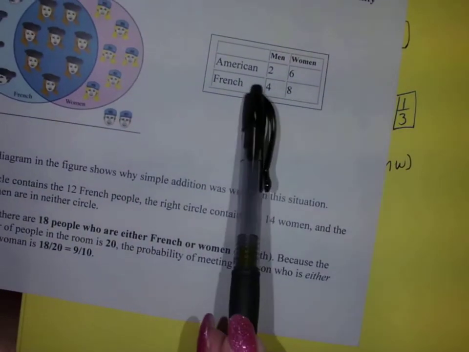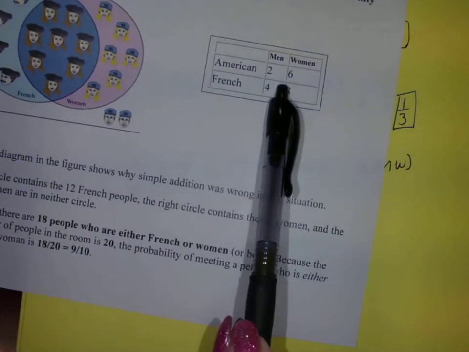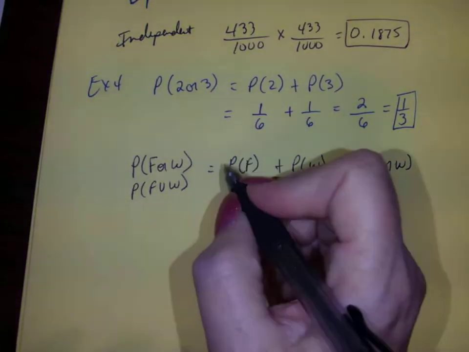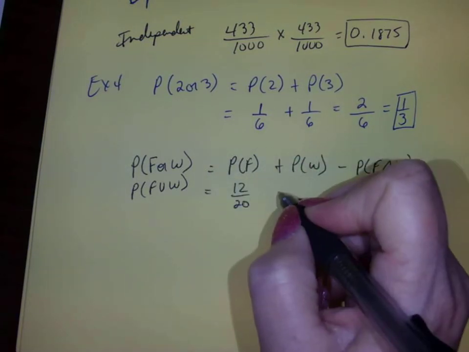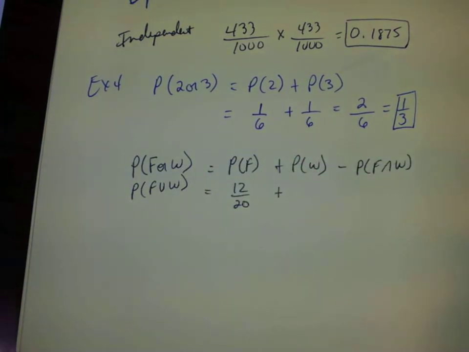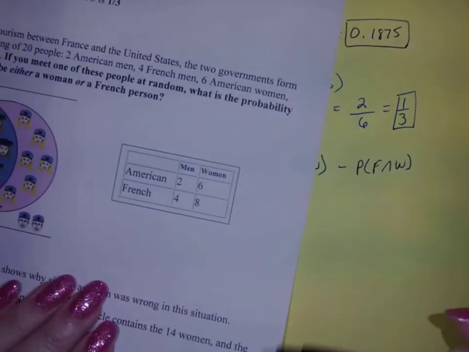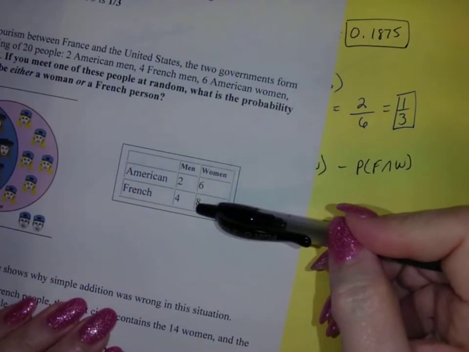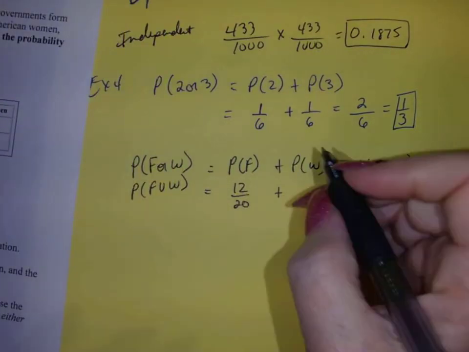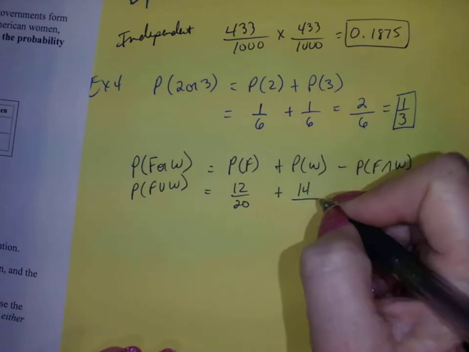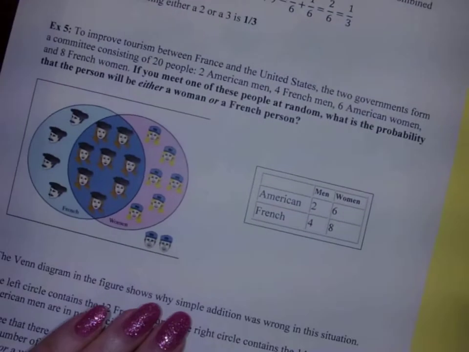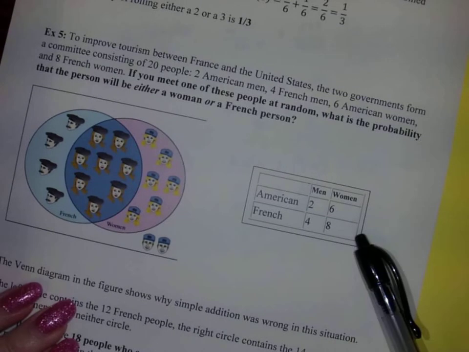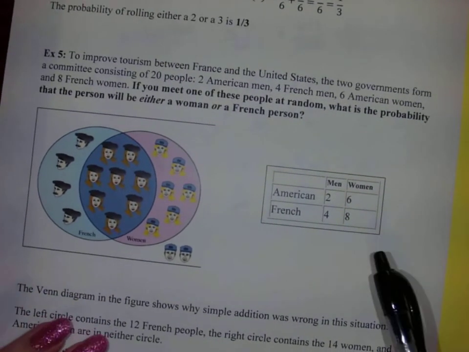All right, so French, there are 12 French people out of the total of 20. So this will be equal to 12 out of 20 plus the number of women. For women, we have 8 plus 6 is 14 out of 20. But we have to take into account those that were French women.